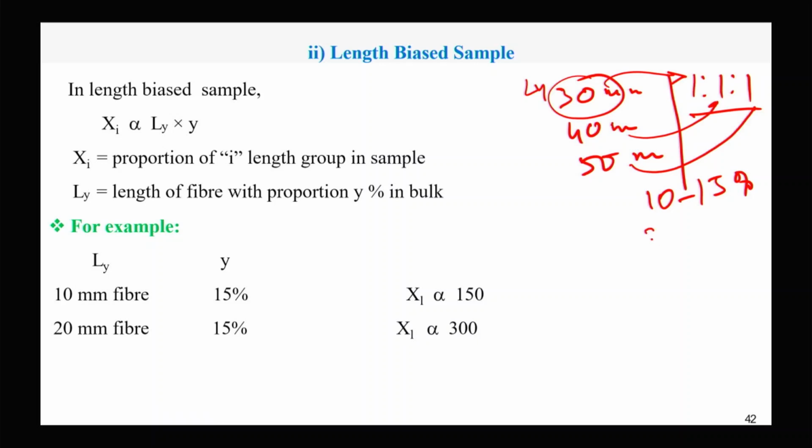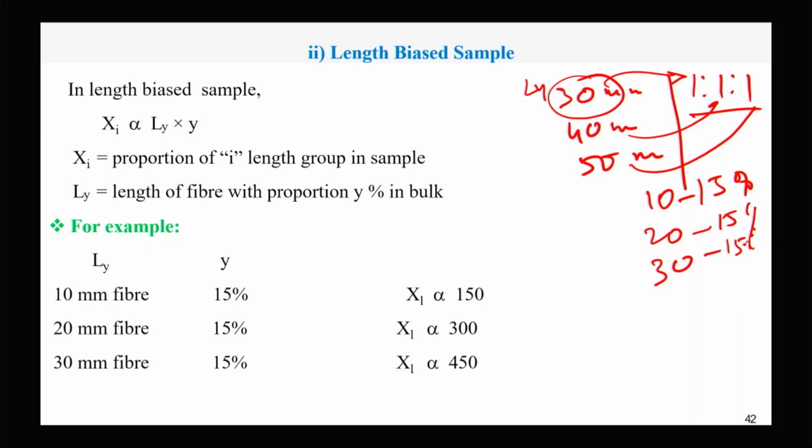Okay. So 15% fibers are of 10 millimeter, 15% are 20 millimeter fiber, and 15% are 30 millimeter fiber. There will be other fibers too. We are only talking about the three different fiber lengths: 10 millimeter, 20 millimeter, 30 millimeter, and their proportion is 15%, 15%, 15%.